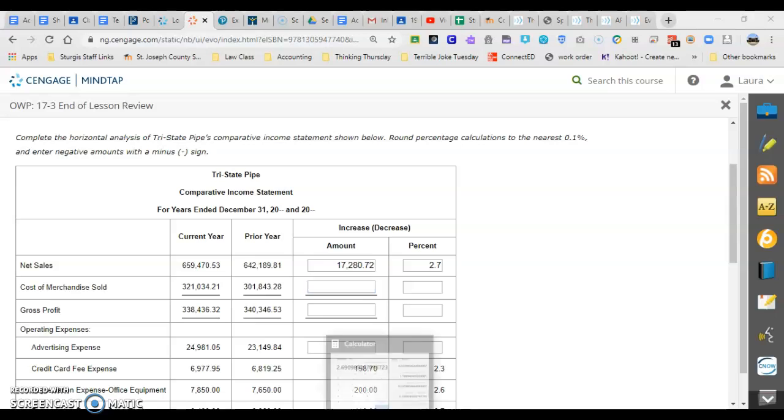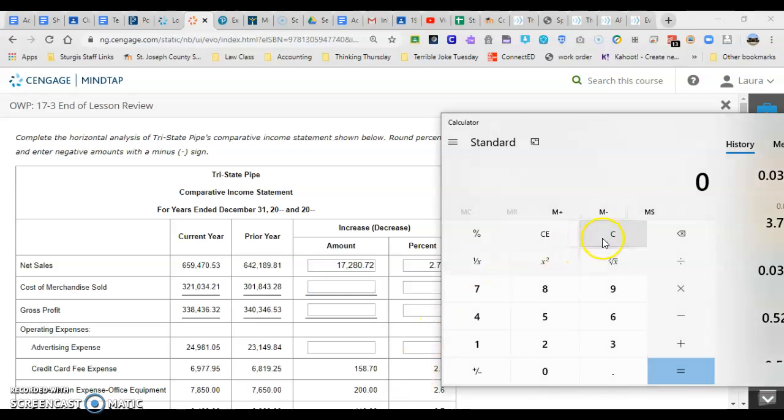So you're going to keep doing that with each of the numbers. So you're going to take the current period, or the current year in this case, minus the prior year. Okay, so the current year is larger than the prior year, so it's positive.